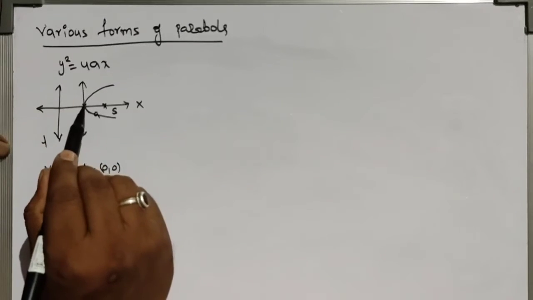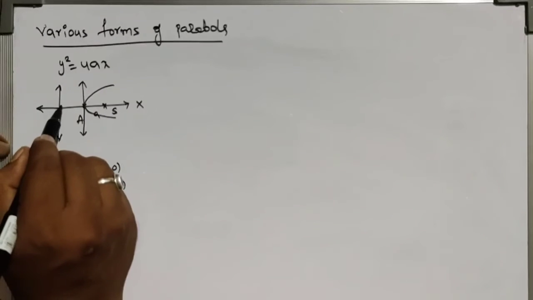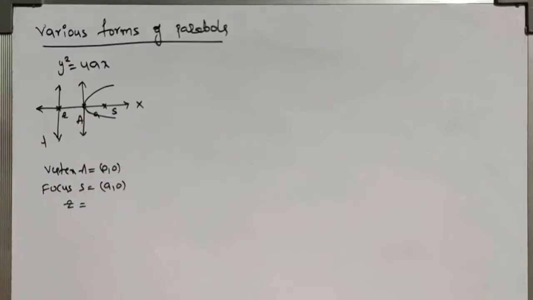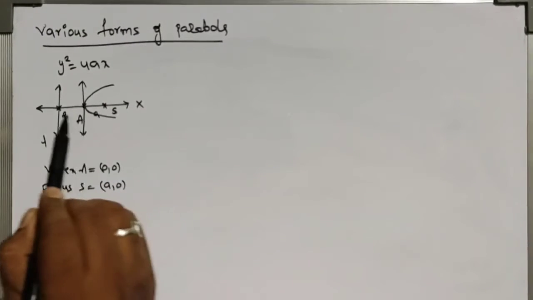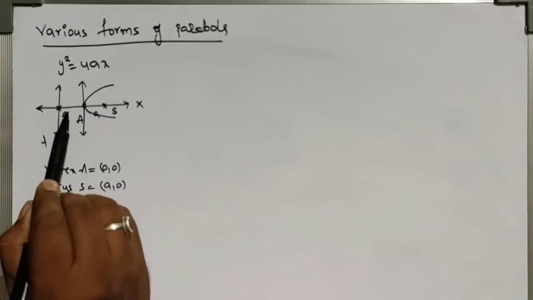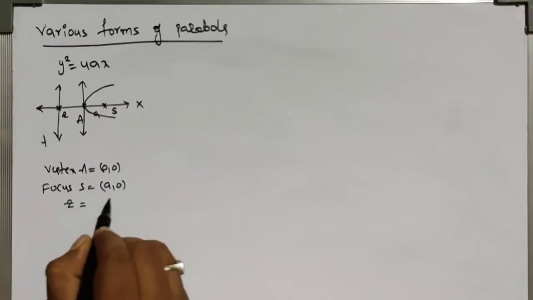In this case A becomes 0, 0 and S becomes a, 0. Why? Because the value of x is increasing up to here, so it becomes a, 0. From A to S is a. Then Z to A is also a, because A is the midpoint of Z and S. Then Z becomes minus a, 0.